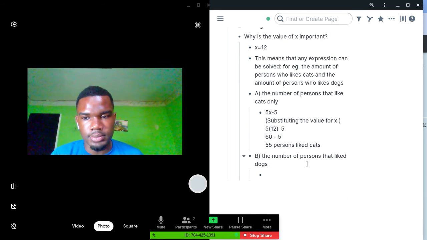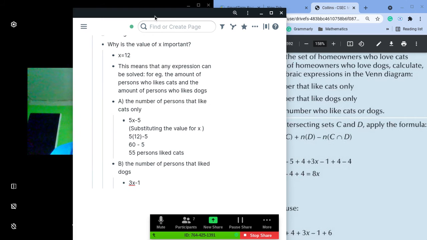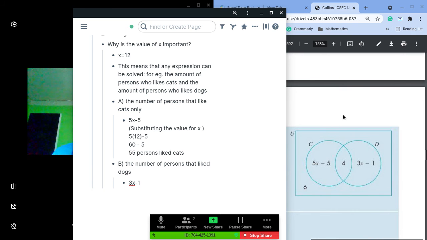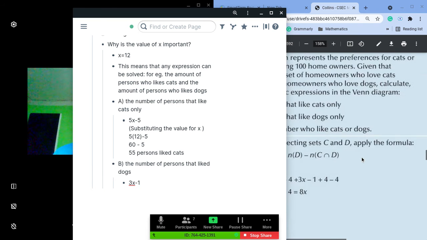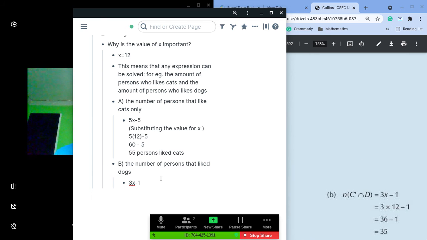What is this formula? 3x minus 1 equal D. Right, the formula is 3x minus 1. I had it as 3x minus 1 equal D. D is unknown. Oh, it means dog. Okay, I got you.